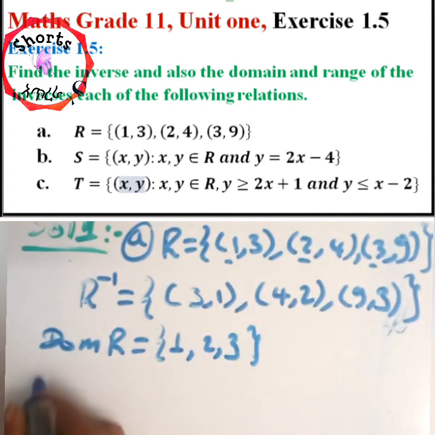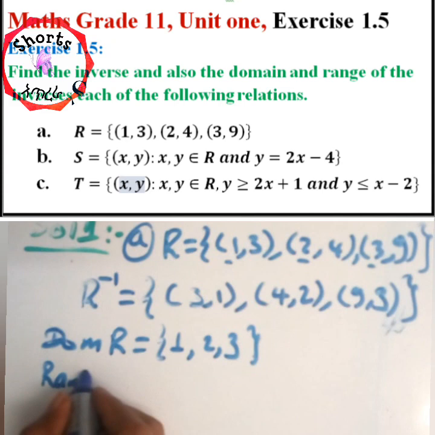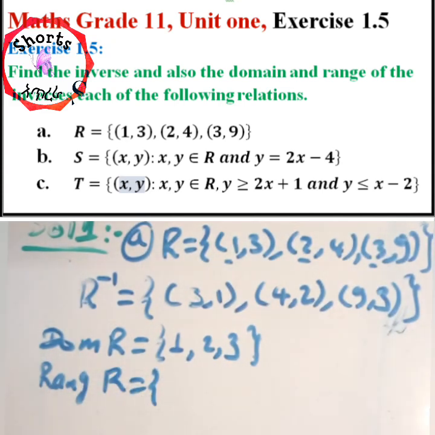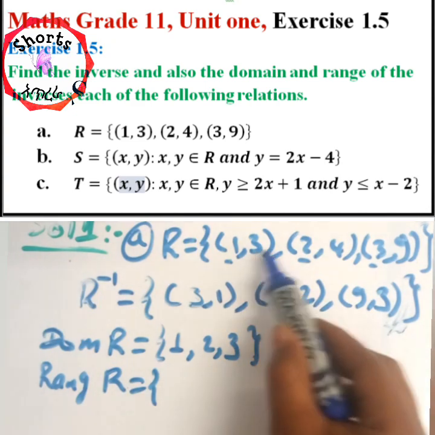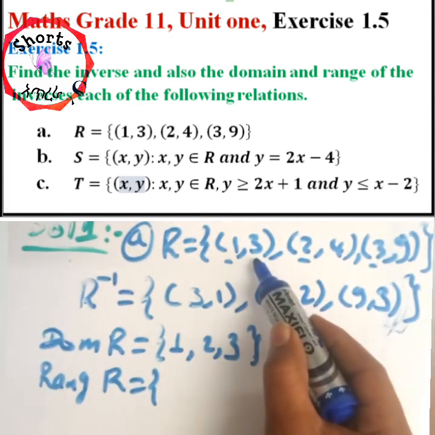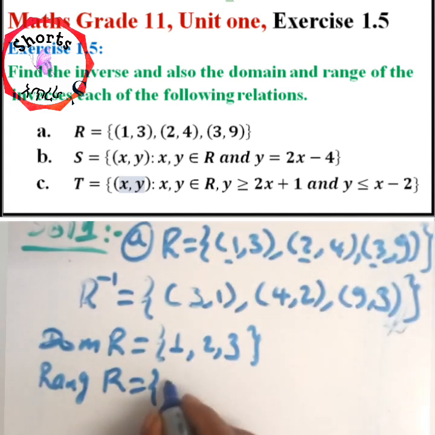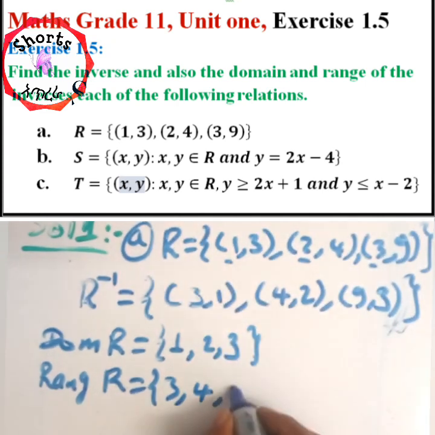And the range of R is the second component of each ordered pair. These are 3, 4, and 9. The range is the set containing 3, 4, and 9.